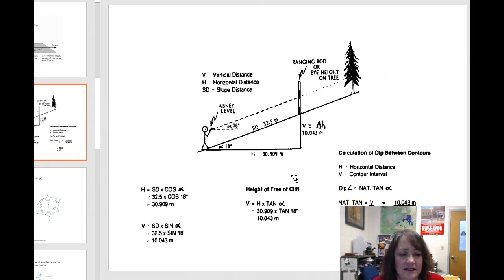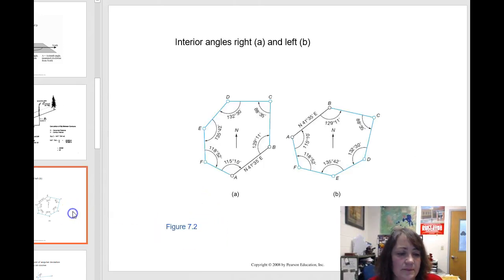And the cofunctions, which would be the inverses of those, I should say. So this can just give you an idea of the relationship of what the cosines, sines, tangents, horizontal distances, vertical distances, and slope distances look like.